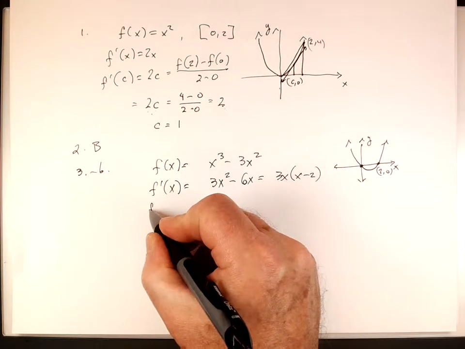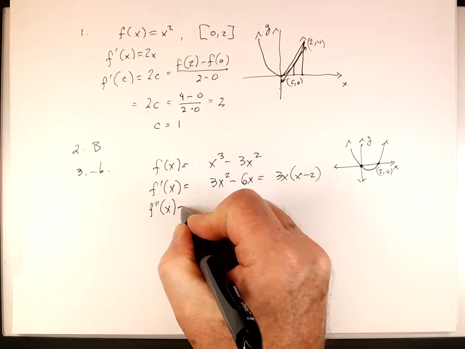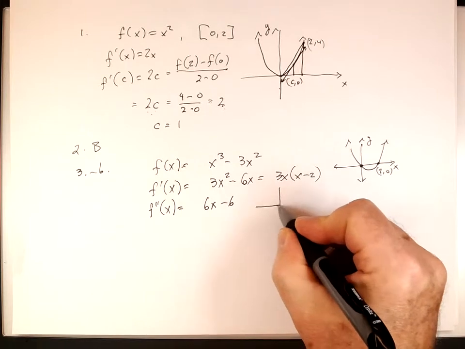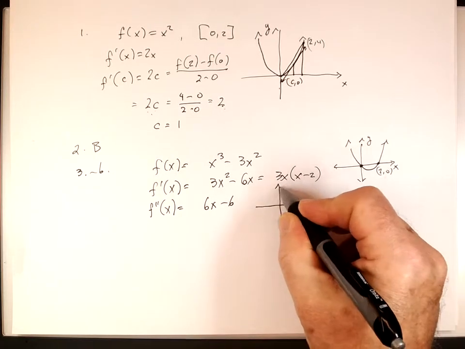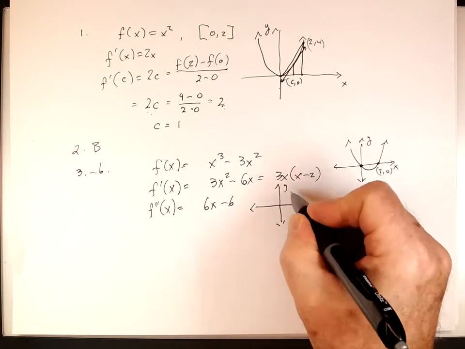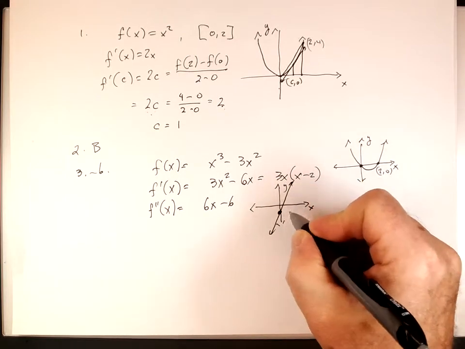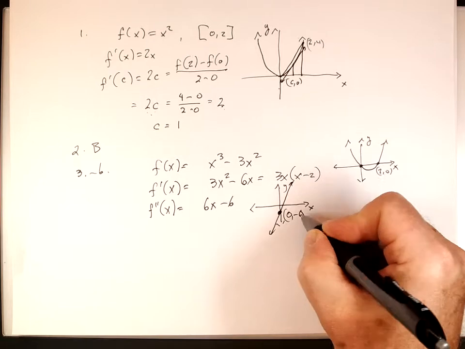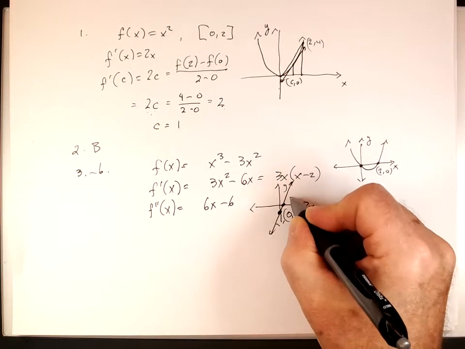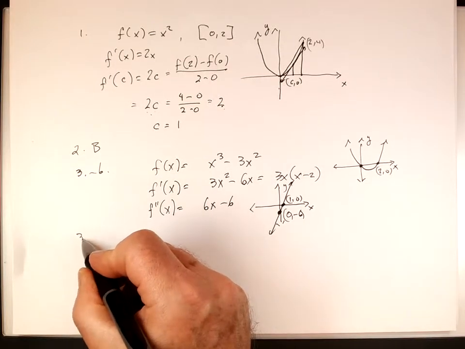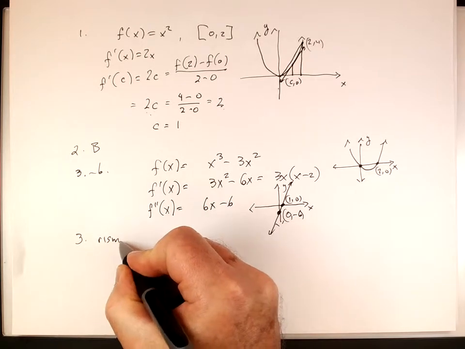The second derivative is 6x minus 6. That is a straight line. 6x minus 6 looks like this. It hits here when x is 1. Okay? So, let's answer the questions. Where is the graph rising? The graph is rising when the first derivative is positive.